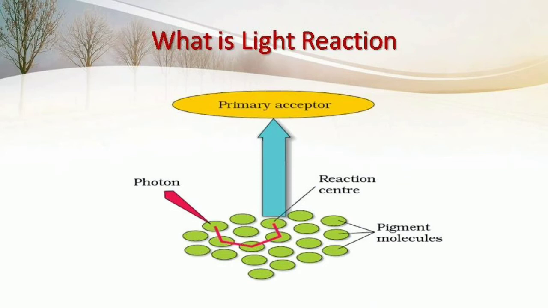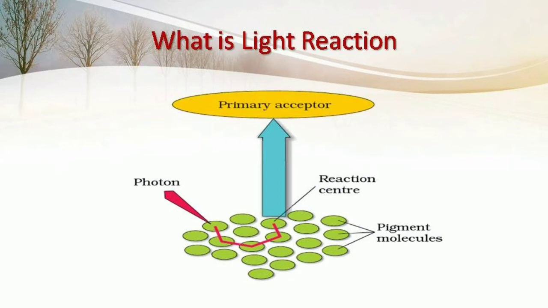What the pigments in photosystem 1 and photosystem 2 do is absorb wavelengths of light and pass this light energy to the reaction center, which we refer to as chlorophyll A. The reaction center is different in both photosystems.